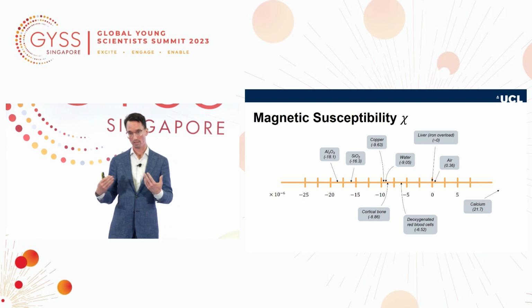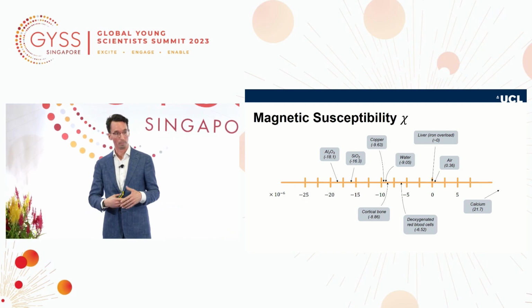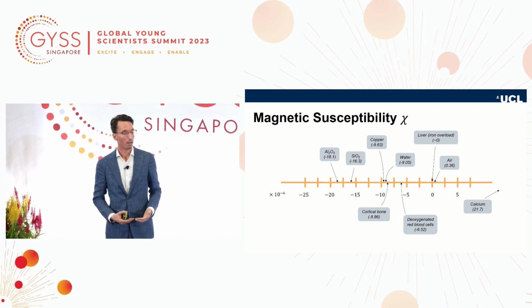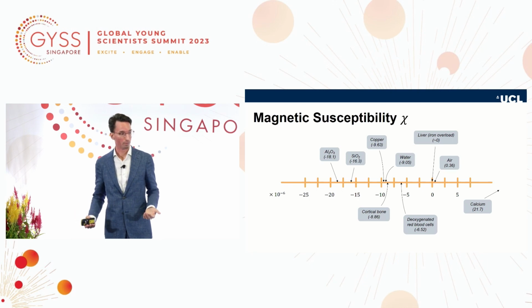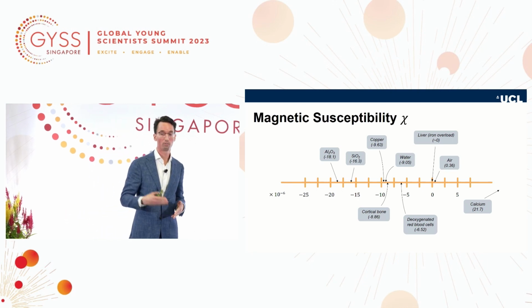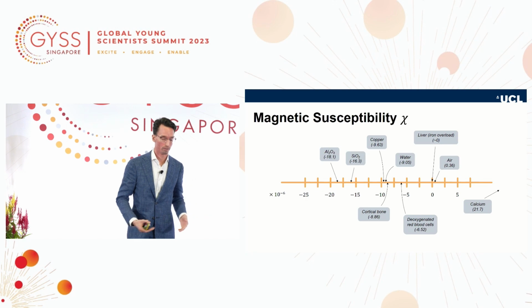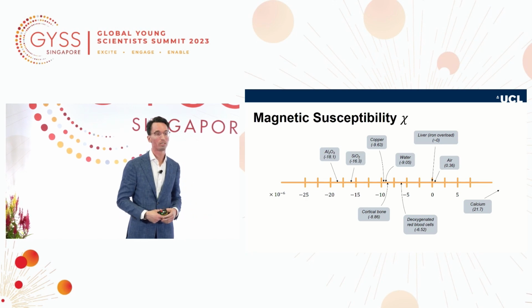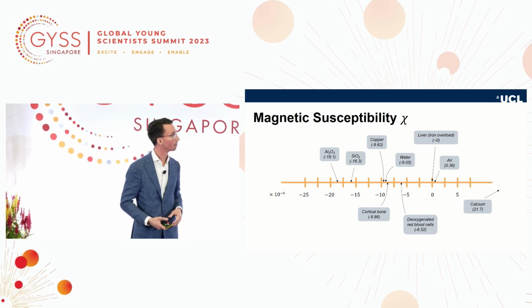That is also what makes it so difficult to image, because the majority of the effect that the human body has on the magnetic field in MRI scanners is because of this shift from air to water. So a shift of almost 10 parts per million.